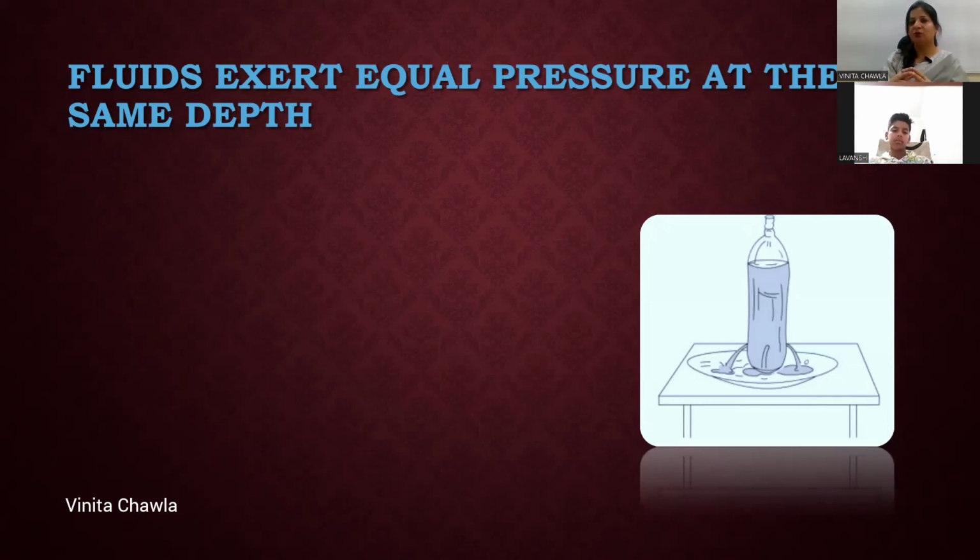That means the same pressure has been exerted at these holes due to water. So at the same depth, at the same height, we have the same pressure, which is exerted by the fluid on the walls of the bottle in this case.